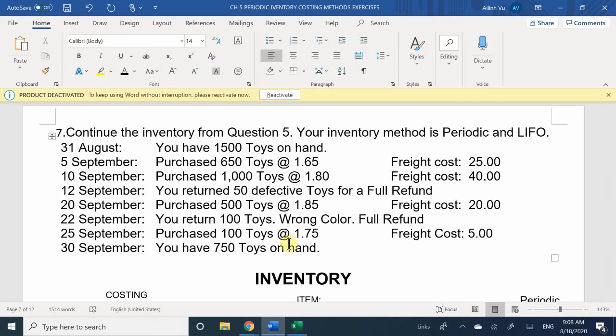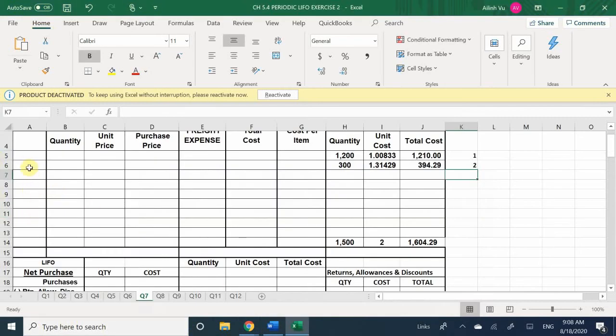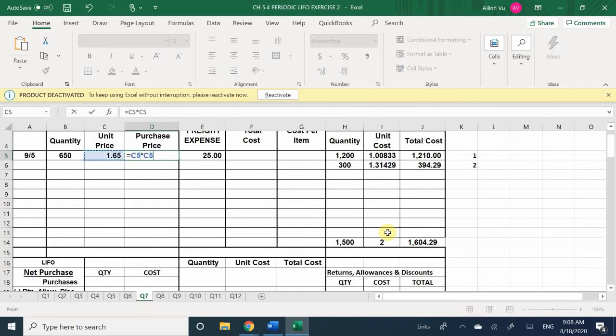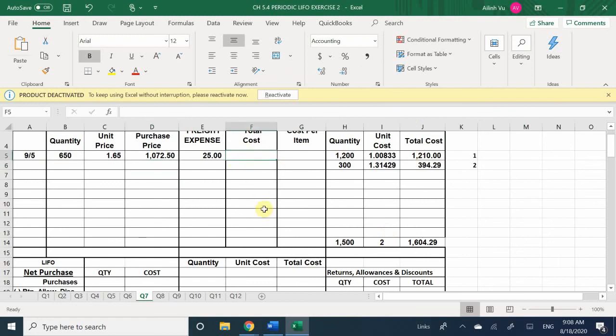650 toys at $1.65, with freight of $25. So 650 at $1.65 is $1,072.50, and then plus my freight, $1,097.50.